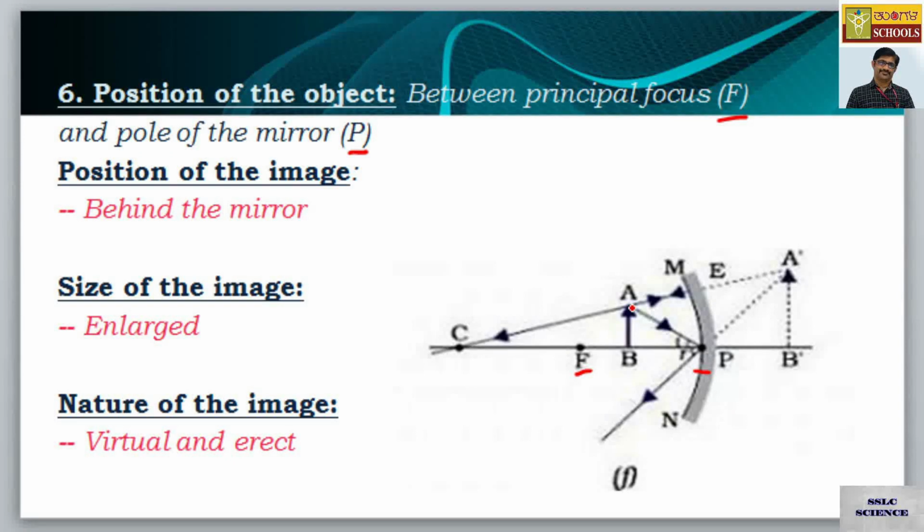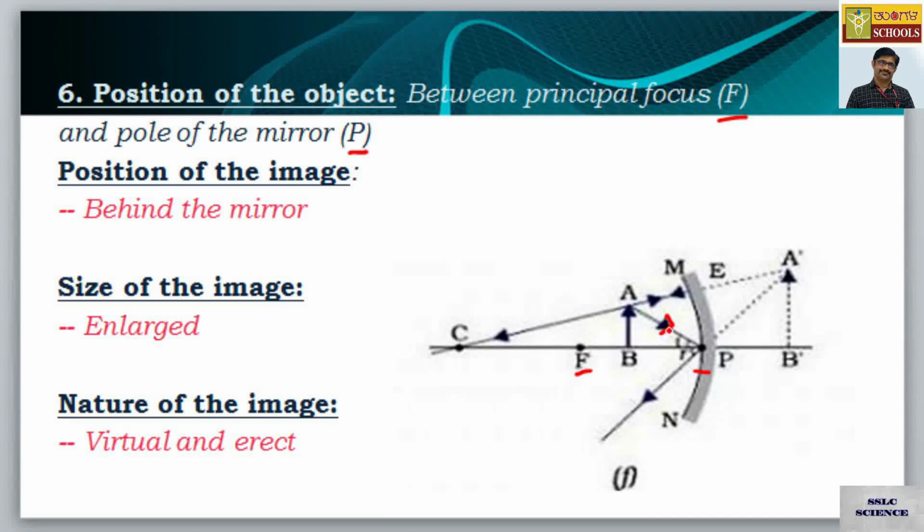So, when you take light which is moving to the pole of the mirror, again at the incident angle with respect to the principal axis, the ray should return in that fashion. Again, the last rule says that the ray of light which is passing through the pole of the mirror moves in the opposite direction, at the same angle: angle of incidence I is equal to angle of reflection R.